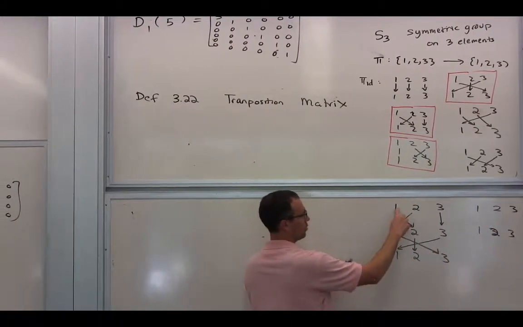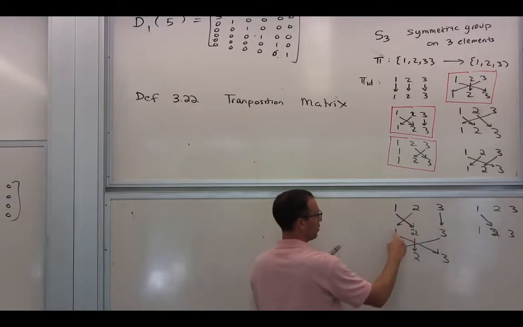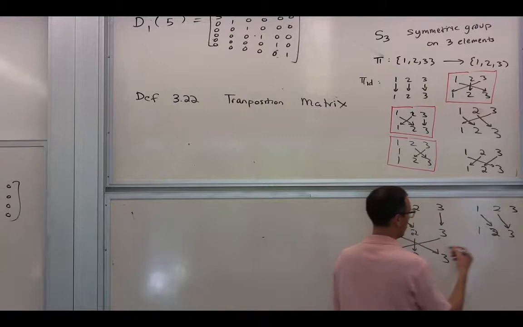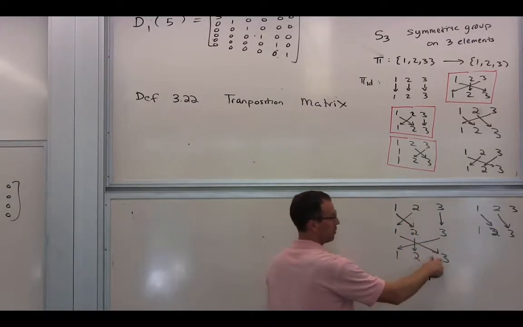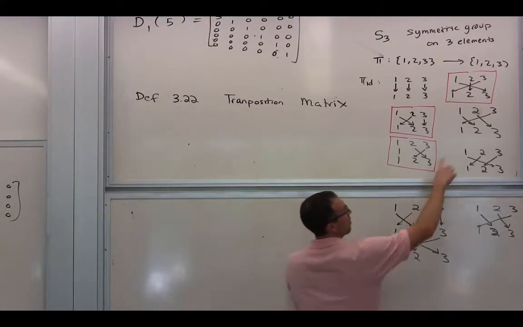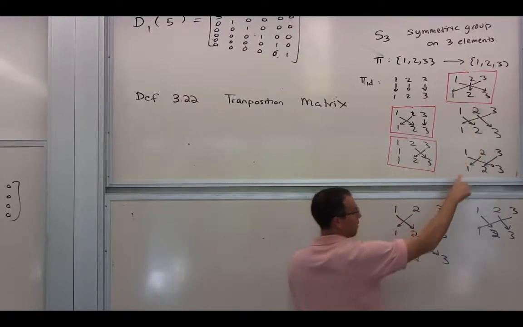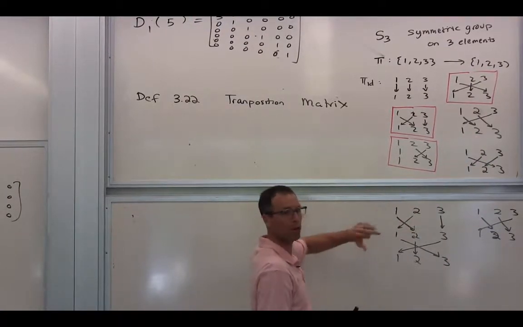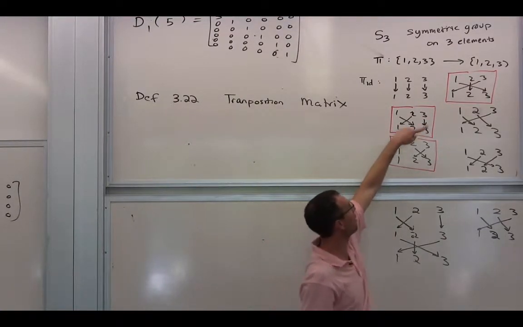What does 1 go to? 2. What does 2 go to? Just follow it. And then 3. Okay, so claim: this function right here is the composition of 2 other functions. It's the composition of this function and that function.